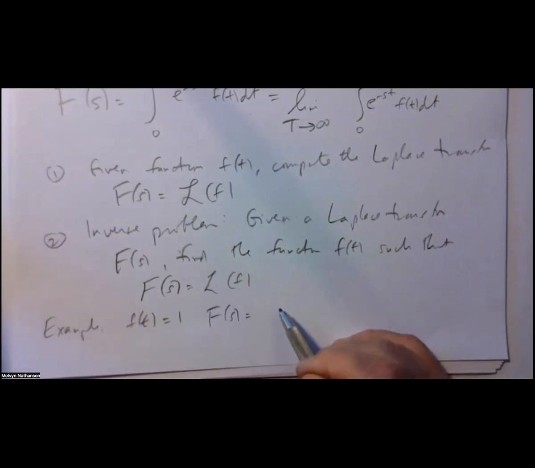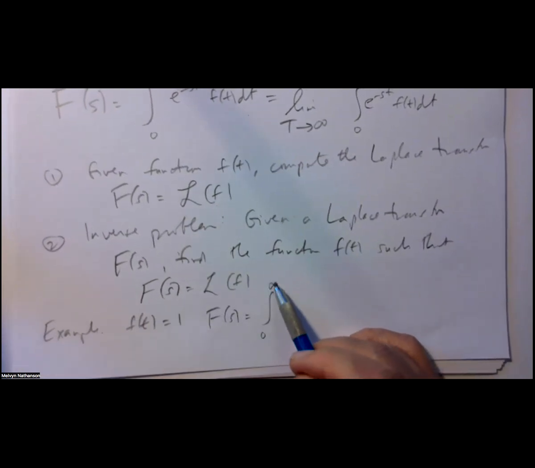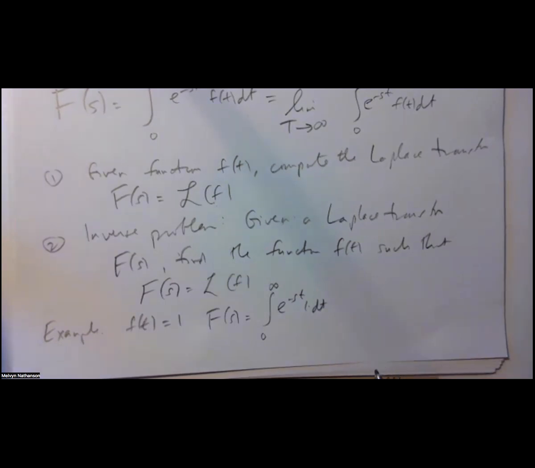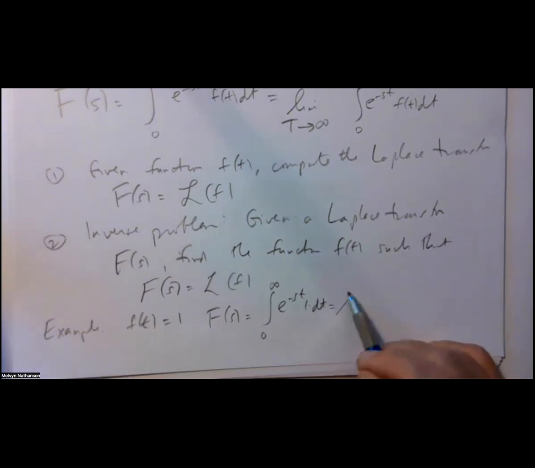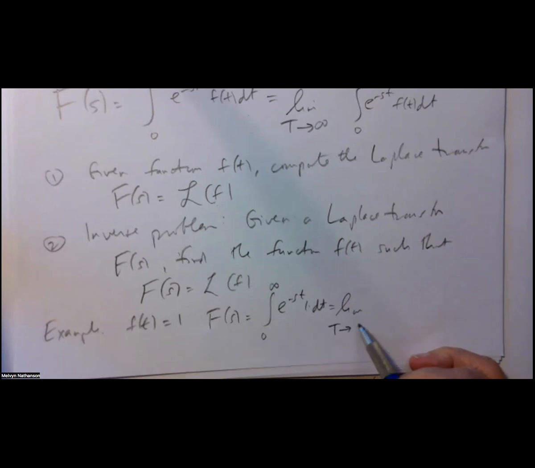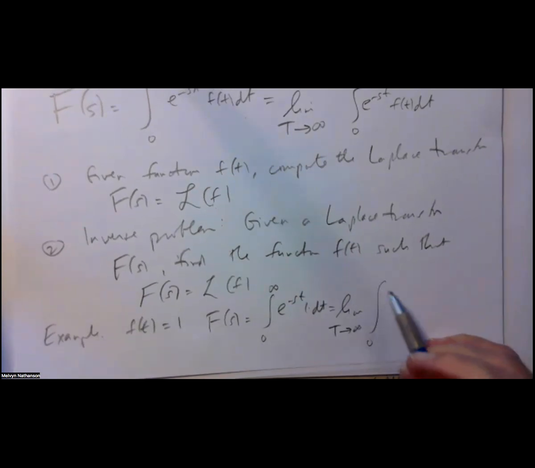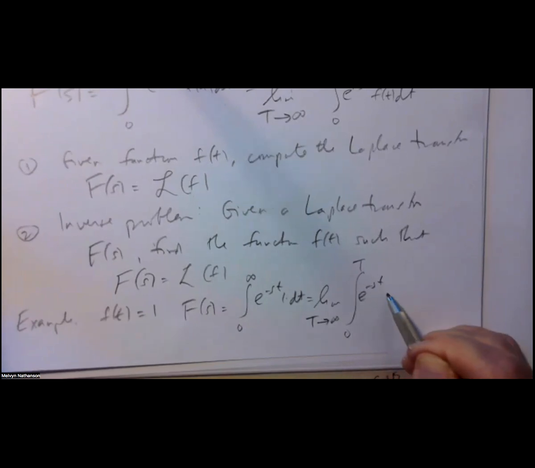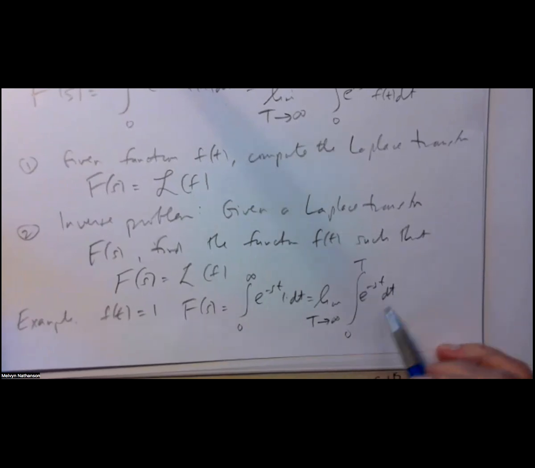Capital F of s is the integral from 0 to infinity, e to the minus st, 1 dt. That's the limit as T goes to infinity, the integral from 0 to T, e to the minus st dt. But we know what this integral is.